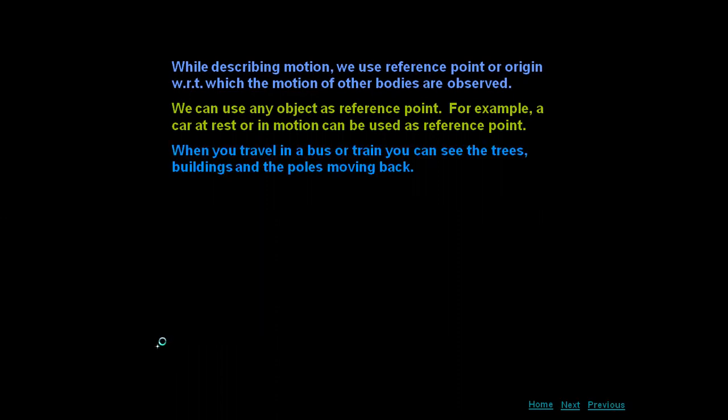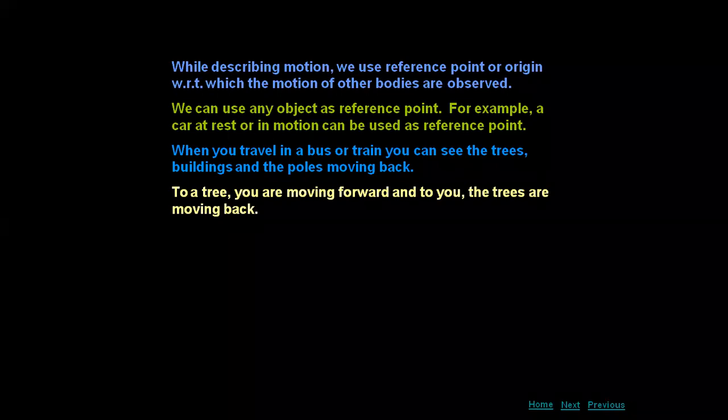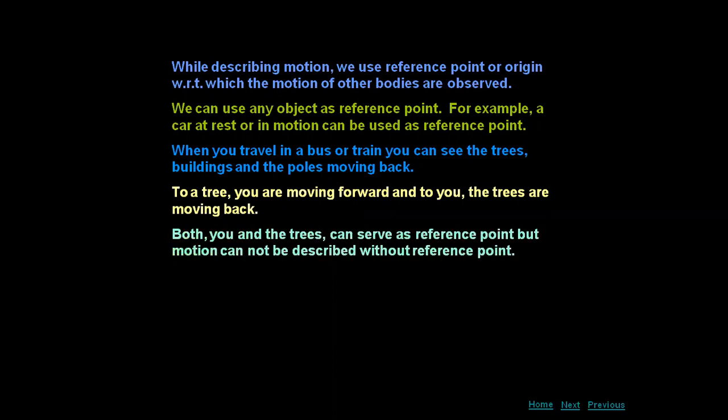When you travel in a bus or a train, you can see the trees, buildings, and poles moving back. To a tree, you are moving forward, and to you, the trees are moving backward. It is very common, you have noticed. Both you and the trees can serve as reference points, but motion cannot be described without a reference point.